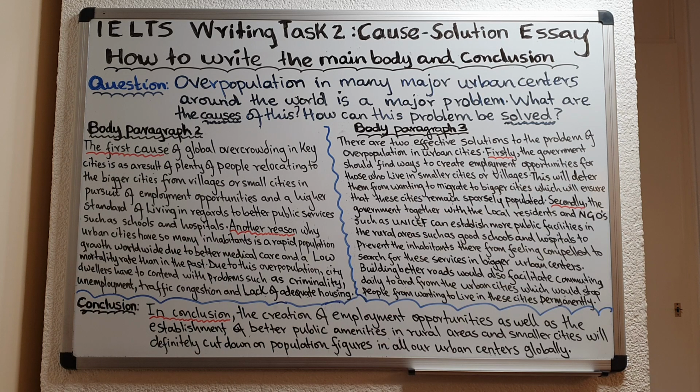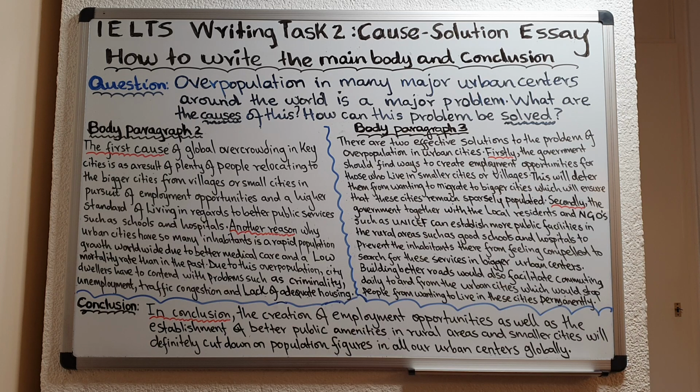Now, in the conclusion, you need to write a summary of your solutions. Remember, in body paragraph 3, my first solution was talking about the creation of employment opportunities. And then the second solution was the establishment of better public amenities. So I have used as well as instead of and. I could also have said, in conclusion, the creation of employment opportunities and the establishment of better public amenities.